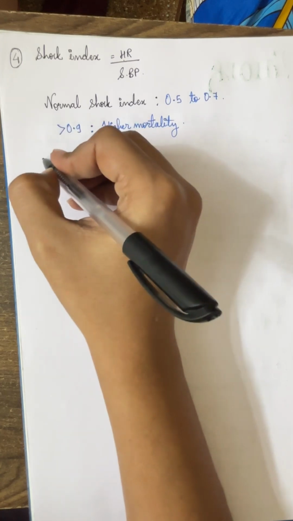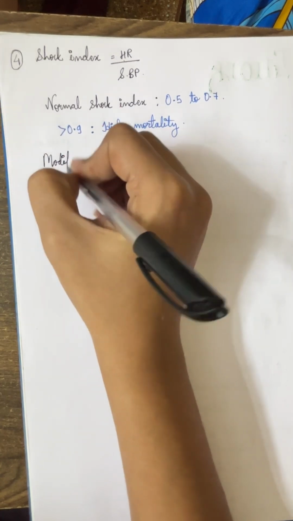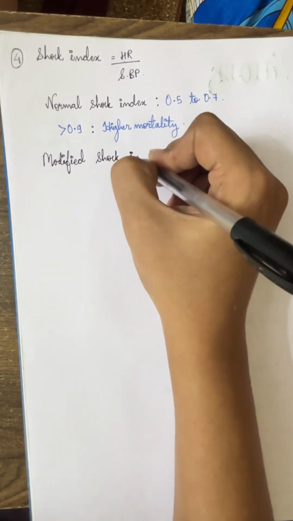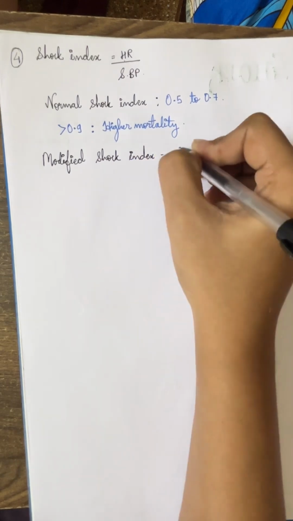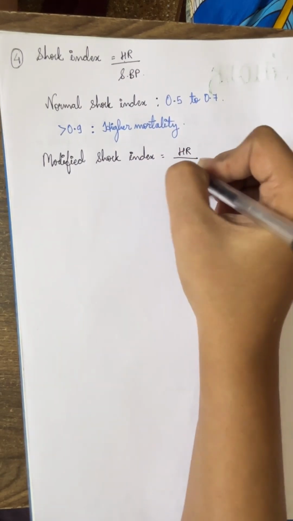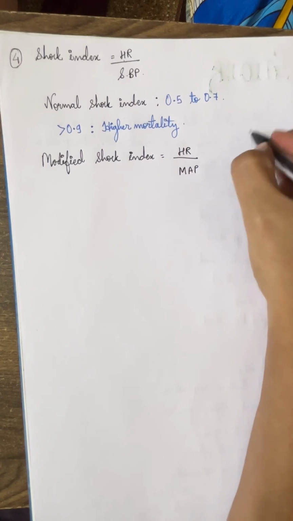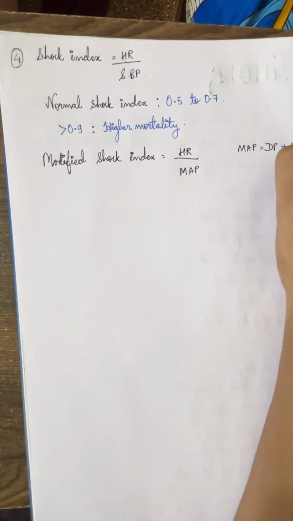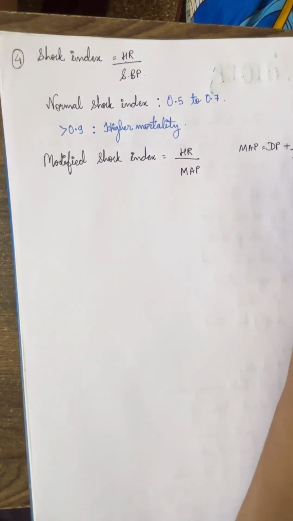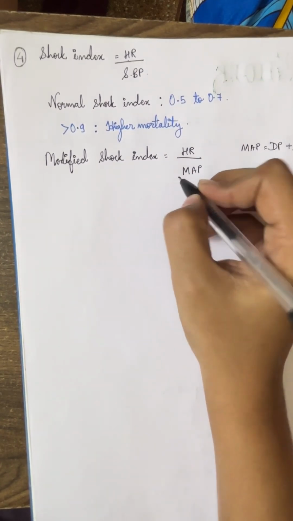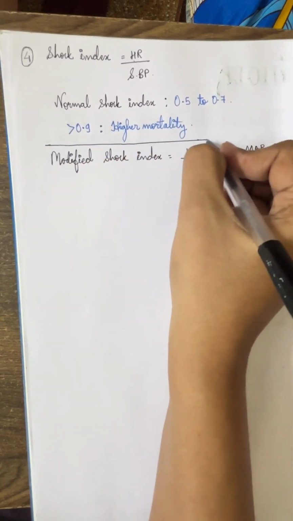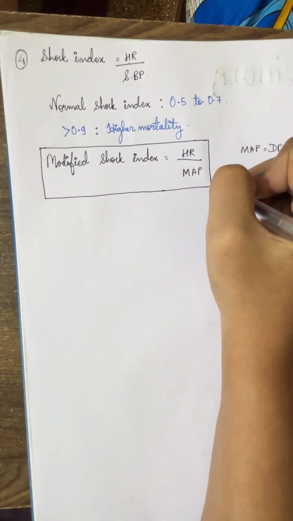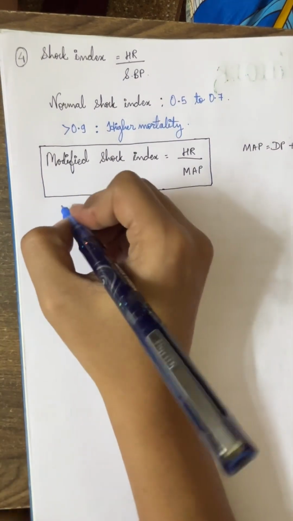Nowadays we go with the modified shock index, and the formula for modified shock index is heart rate upon MAP, and the formula for MAP is diastolic pressure plus 1/3 of pulse pressure. This is the most sensitive indicator.